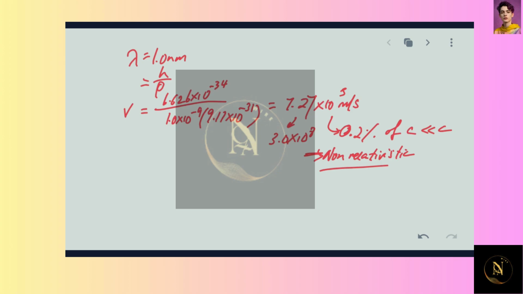Now to find the accelerating potential needed, we want to use the kinetic energy and equate this to the charge of the electron multiplied by the potential. So this is the accelerating potential. Kinetic energy can be found by taking half mv squared, where we use the velocity over here as the v.